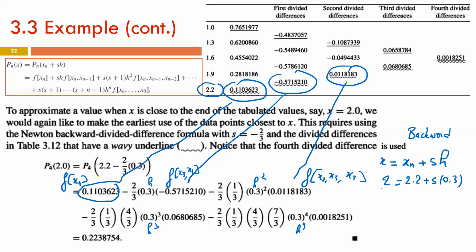So we calculate, we get this from here. So s is 0.2 over minus, minus over 0.3. So s is minus 2 over 3. Then for backward, s is negative. This is the value of s.